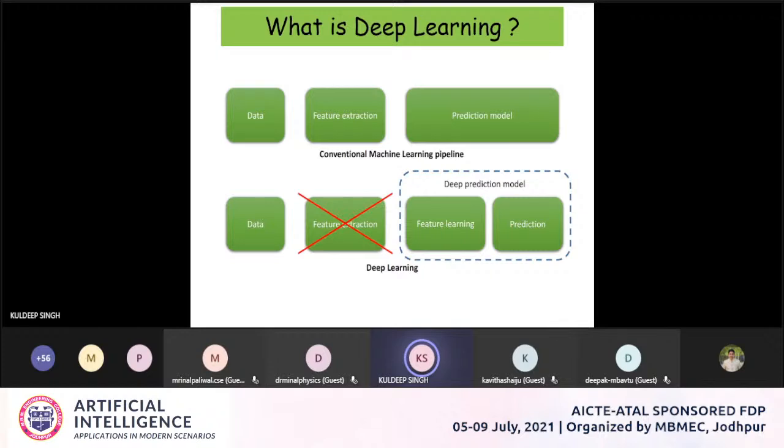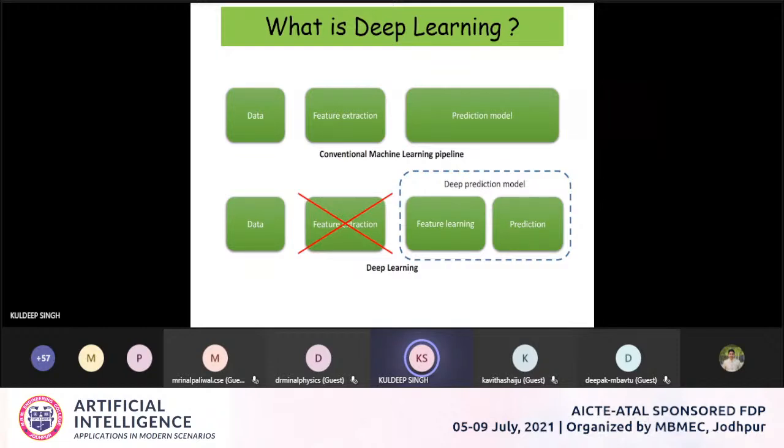We do not have a dedicated feature extraction. Let me tell you what the basic problem with machine learning was. We have to extract features for different types of domains. Suppose we are building a model for facial recognition, so we have to extract features from the facial images.